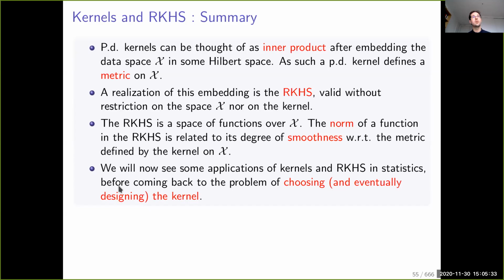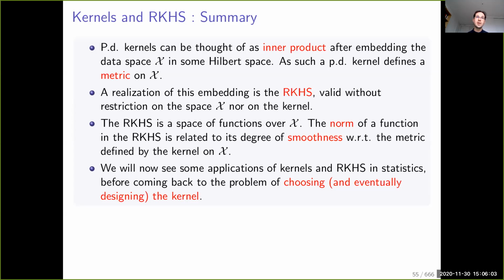So, okay, a last summary before we stop today. The summary is that positive definite kernels can be seen as inner products after embedding the data space in some Hilbert space, which is the RKHS. A realization of this embedding is the RKHS, which is valid without making any assumption on the space X nor on the kernel function, except positive definiteness, of course.